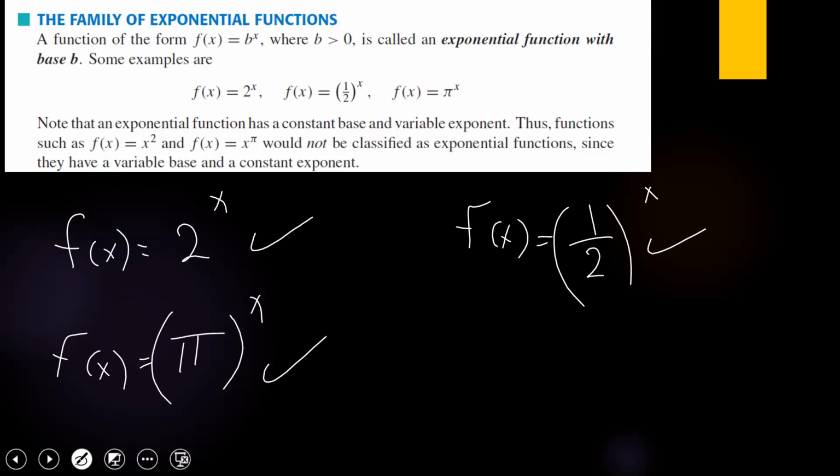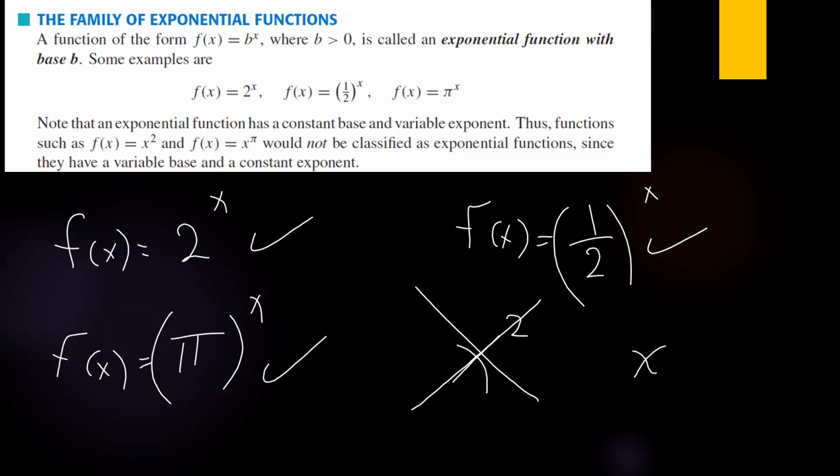Exponential function means we have a constant number raised to a variable exponent. But if you have a variable raised to a number, this is not an exponential function. This is a quadratic, or x to the power pi, or x to the power 3. This is not an exponential function. So be careful. The exponential function is a constant number raised to a variable exponent.